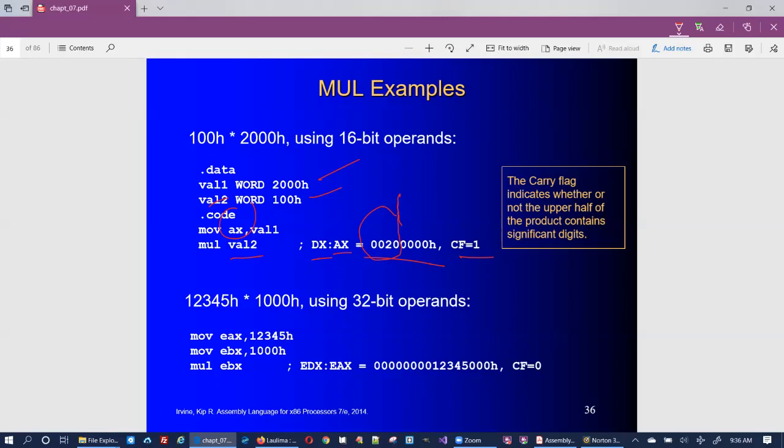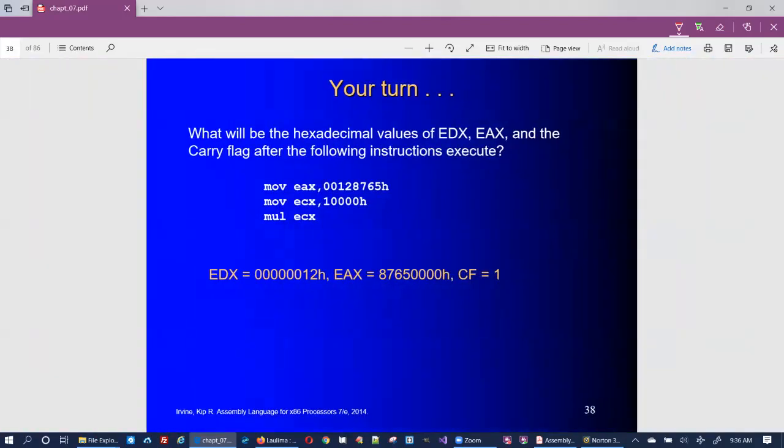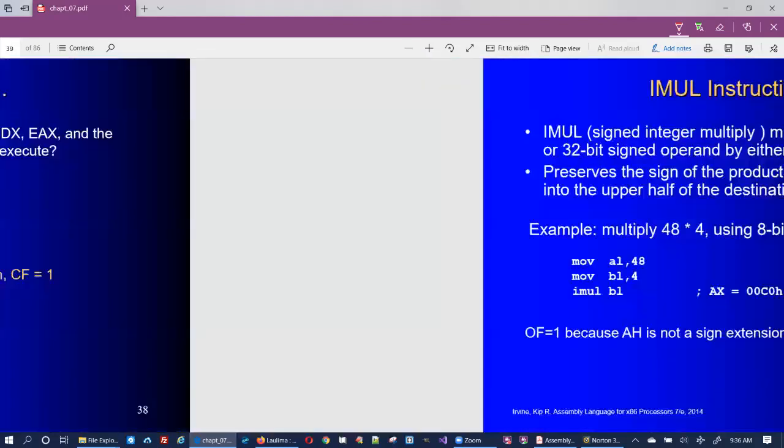For 32-bit operands, here we're doing this times this, and we end up with EDX:EAX, and the upper is 1, 2, 3, 4, 5, 6, 7, 8, and this is the lower. The carry flag is 0 because the upper doesn't have anything. So you can do this example, and this example is a 32-bit one.